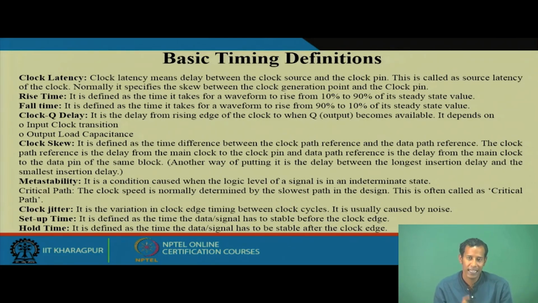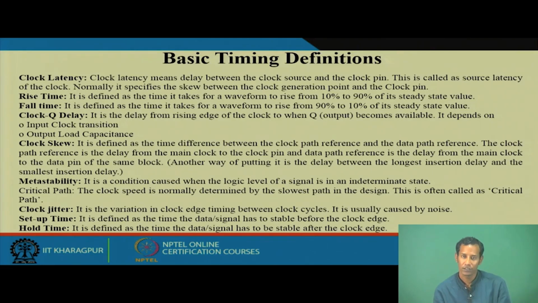So, the time it takes to go from 10% to 90% is known as rise time. The opposite, when it goes from 90% to 10%, high to low, is the fall time.